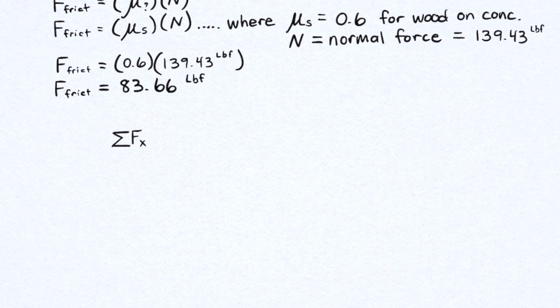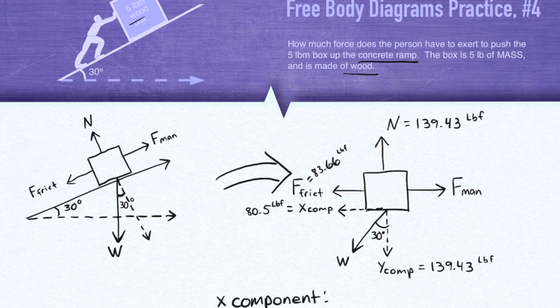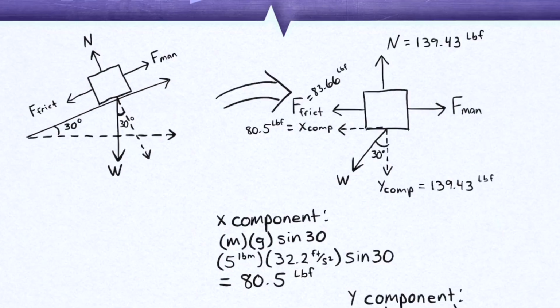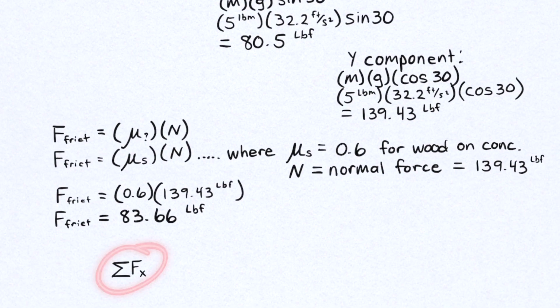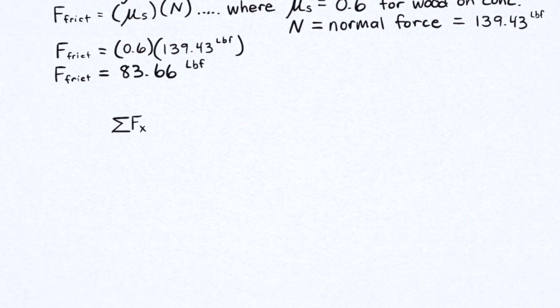So the summation of the forces in the x direction is going to be the force of the man, which is what we're solving for, minus the friction force, minus because it's going against the grain, it's making his job harder, it's going in the opposite direction, and then minus this x component of the weight, this arrow here. Then that's going to give us the summation of the forces, and then we just solve for F subscript man. So I'm going to write this out as an equation.